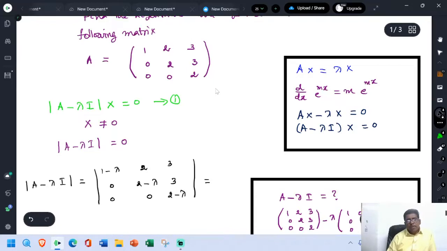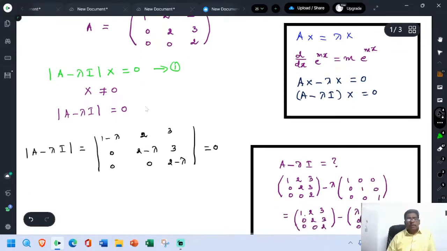This determinant value should be 0. This is our characteristic equation.